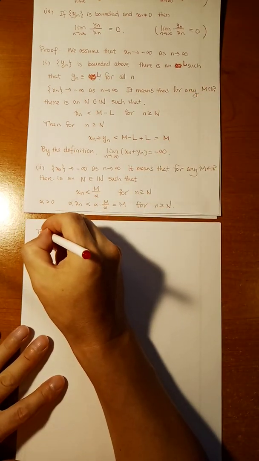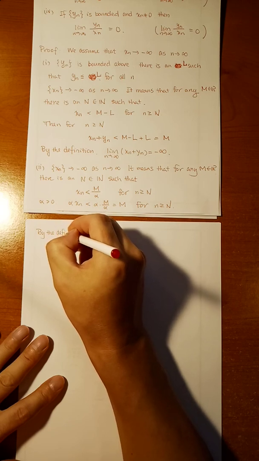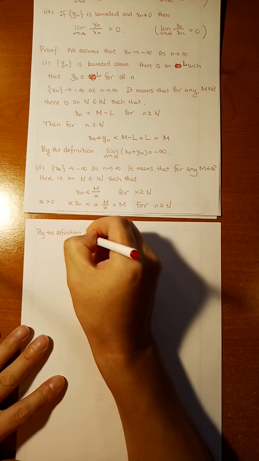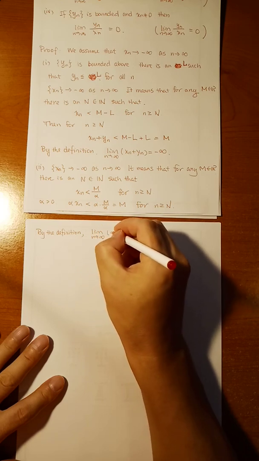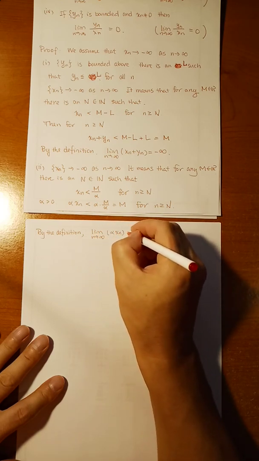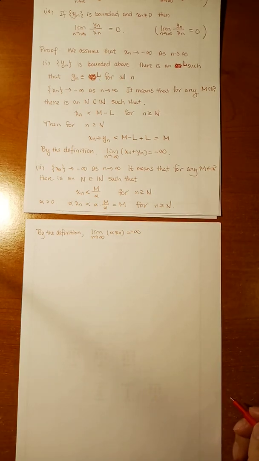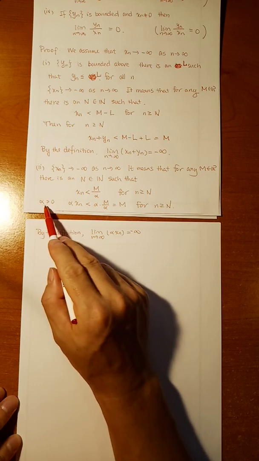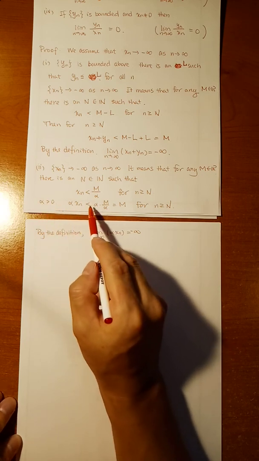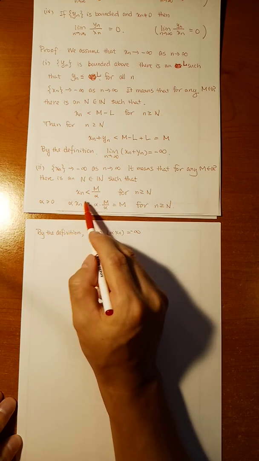So by the definition, the sequence alpha xn approaches negative infinity. And the important thing for this positive alpha is that when you multiply two sides of the inequality by alpha, you still preserve the direction.